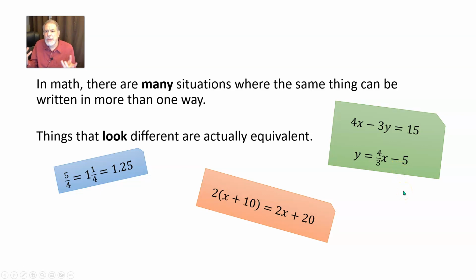In a way, they're the same equation. They have all the same solutions. They represent the same straight line if you graph the equation. They're just different forms for that equation, but they are equivalent.